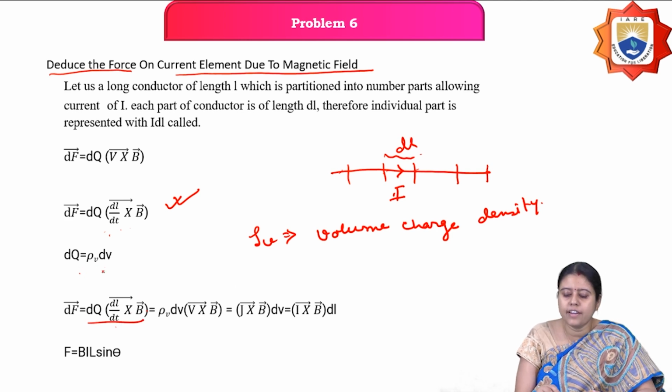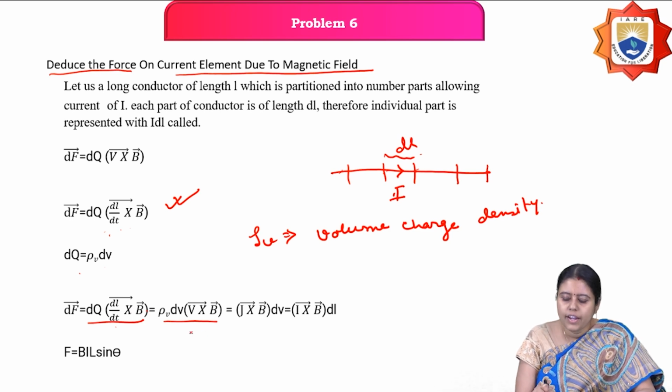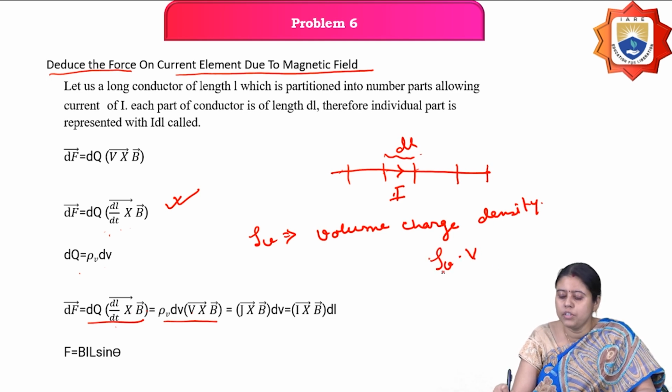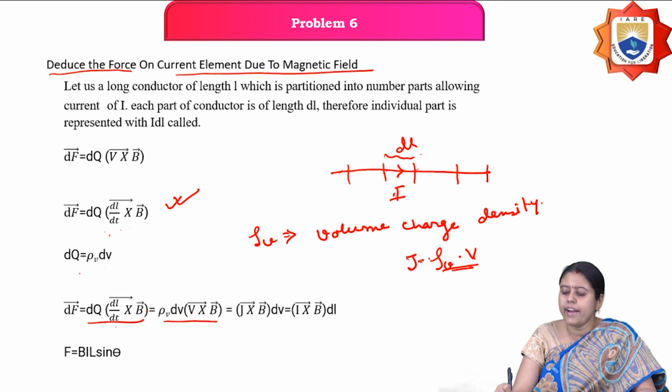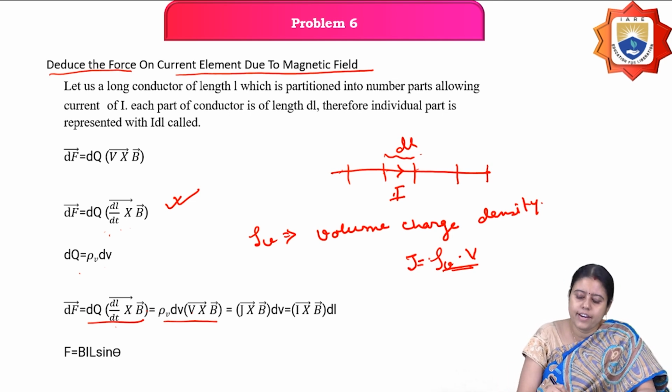We can also write rho v into dv v cross B. This is another equation. Again we can write rho v into v, and from the units we know this is equal to the current density J.